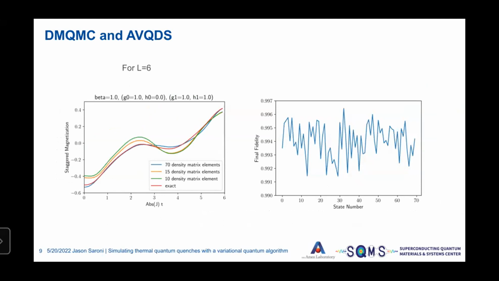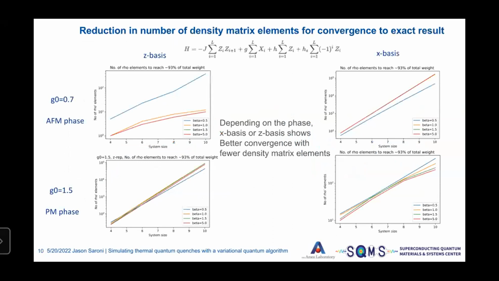And in this case, you can see that the final fidelity is very high for all of the elements considered. And finally, you can look at different quenches and change the basis of the density matrix, depending on which side of the phase one is. The X basis or the Z basis will give a more sparse density matrix, and thus better convergence from these 4 graphs.